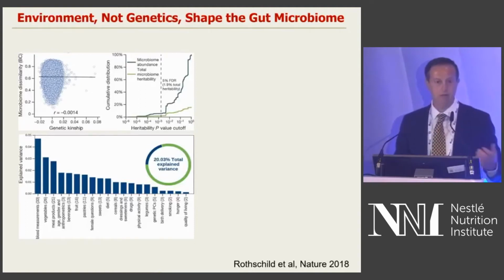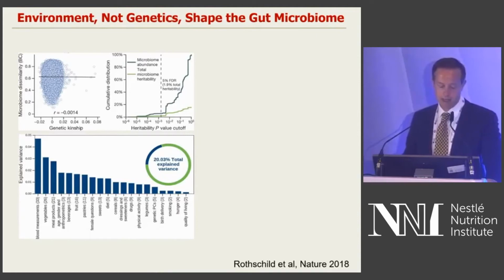Many people ask me how important is genetics in shaping the gut microbiota. I don't think it's very important, and this is a study that also supports what I think. Basically what these people have shown is that the variability in the microbiome composition is explained only less than 2% by genetics.